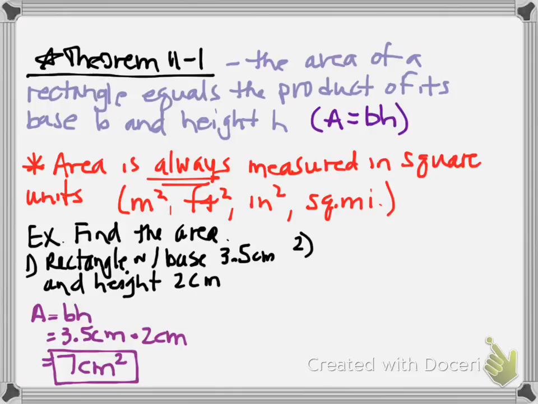Second one. What if I asked you to find the area of this shape? And we're told this is 8, this is 5, this is 6, and that left side is going to be 2. So we've got a couple options of what we could do.